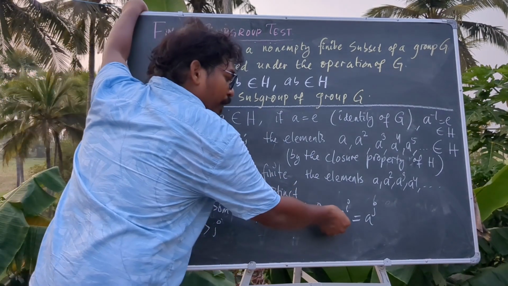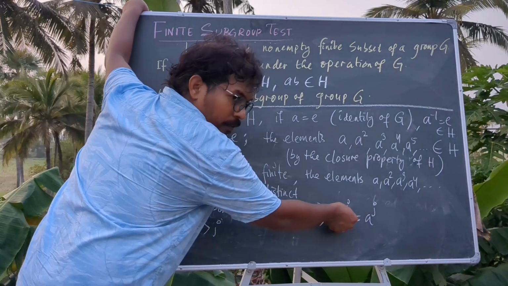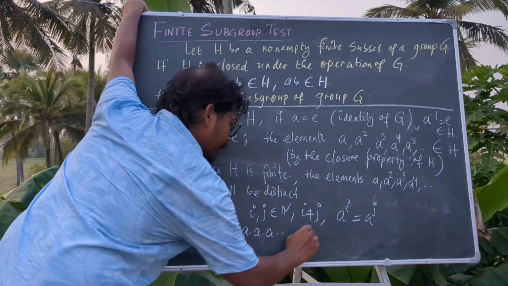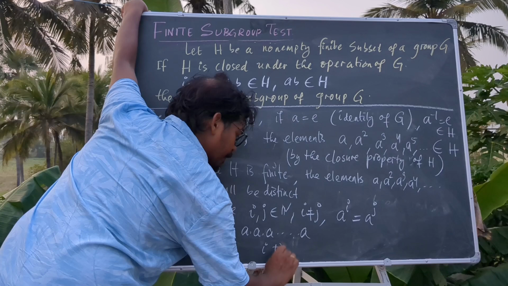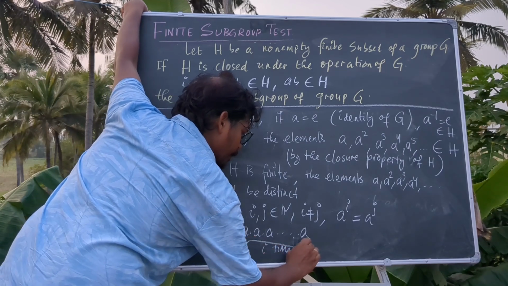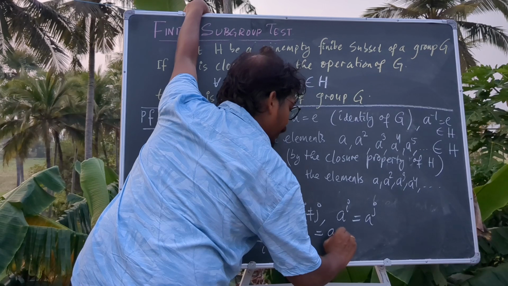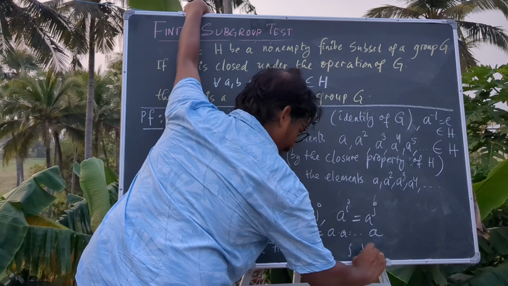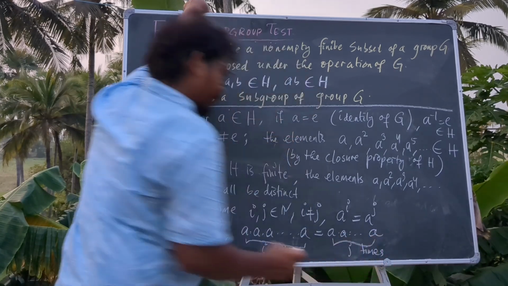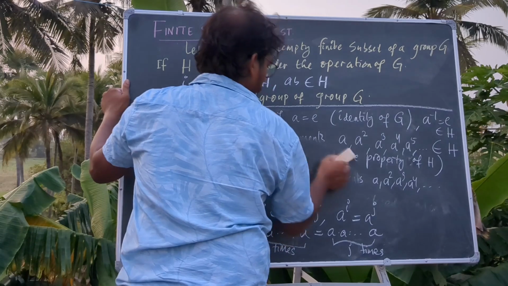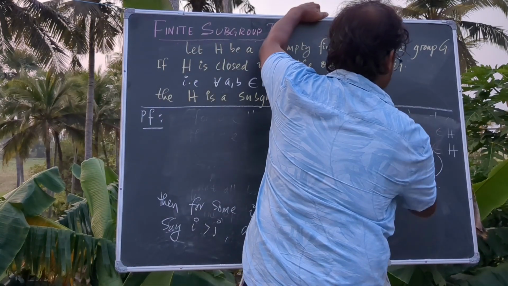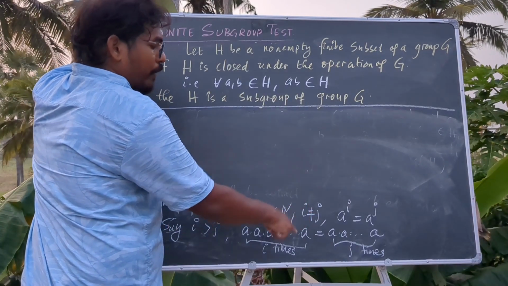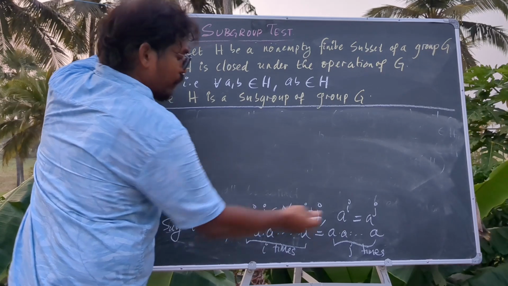So what do we have? i number of a's here. We have a, i times, which is equal to a, j times. Let us operate the inverse of a, j times, on both sides.